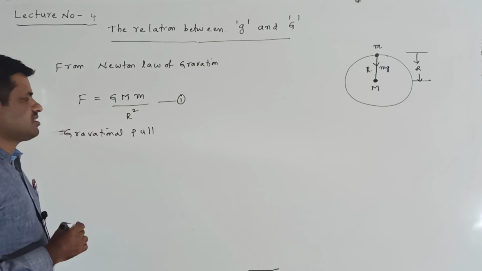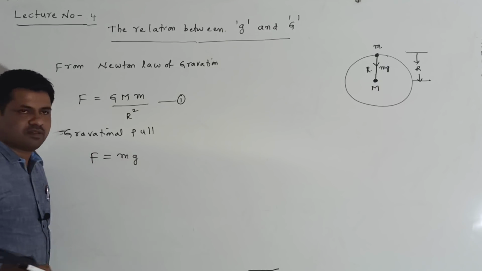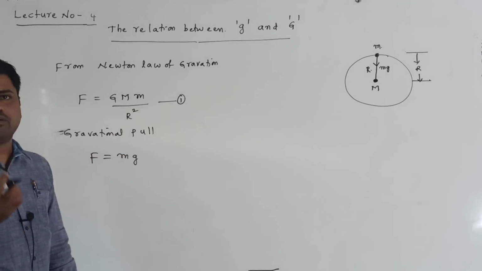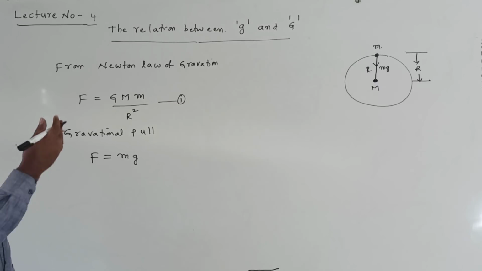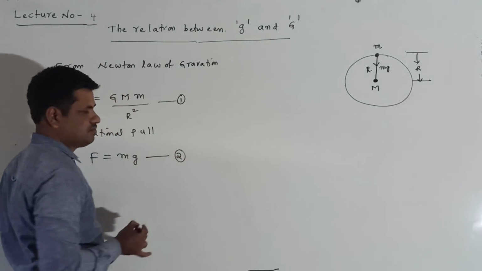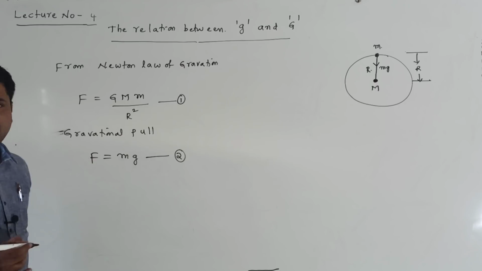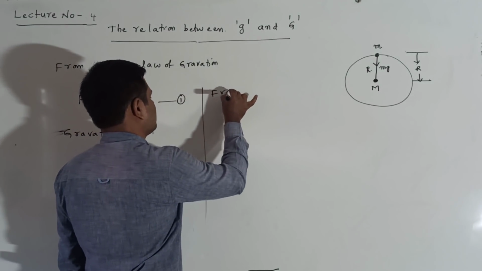When writing the gravitational pull, I write F is equal to mg. Already we know that the body is attracted towards the center of the earth with force F equal to mg. I am writing that as equation number 2. This is a force, and both are the same. From equation 1 and 2.